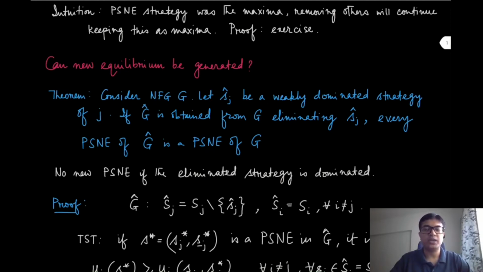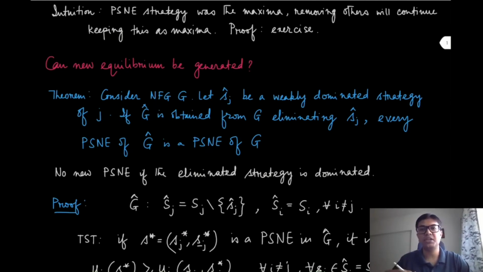What can happen when you are removing a weakly dominated strategy is that possibly you have removed some of the PSNEs. We have seen one example before where we eliminated in a specific order, and you ended up in a specific pure strategy Nash equilibrium.